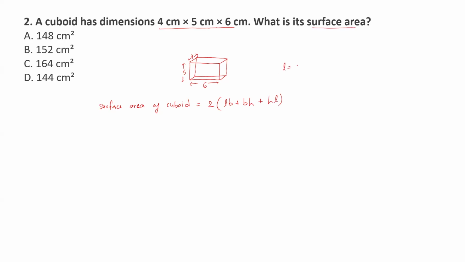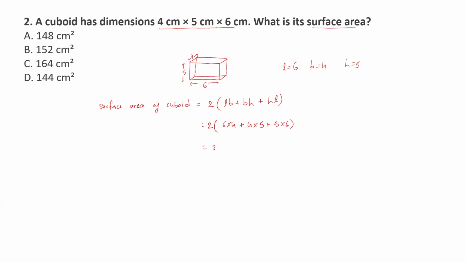L is the longest one, let me call it 6. H is 5. B is the width, width is 4. Just substitute. So 2 into L into B, which is 6 into 4. B into H is 4 into 5. H into L is 5 into 6.